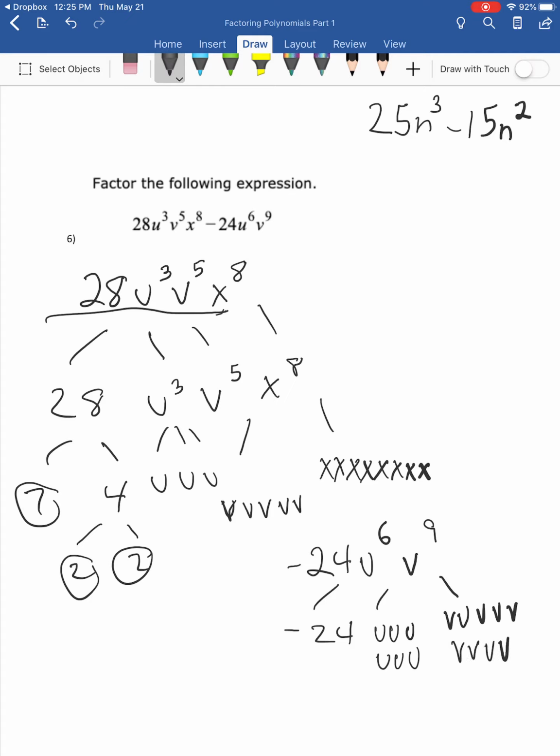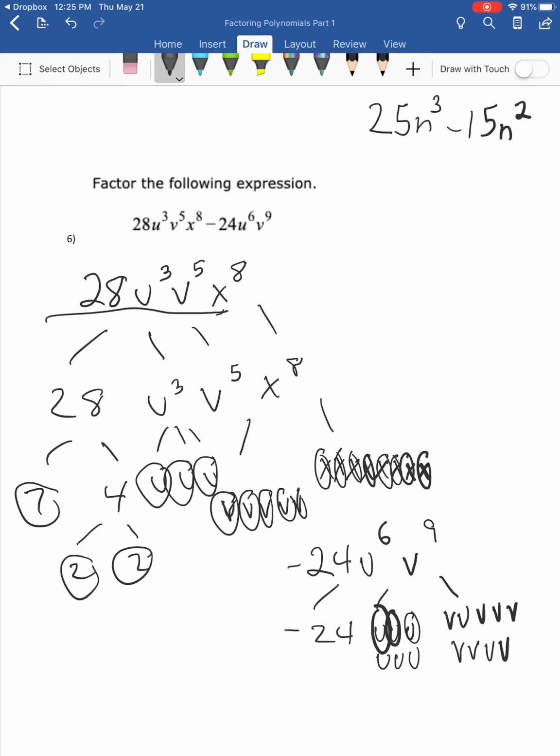Okay. And then these are each primes. We got to circle these over here. This is a lot of circling, and it's not really necessary if you get the hang of a factor tree. Okay, I'm just doing it to be consistent.